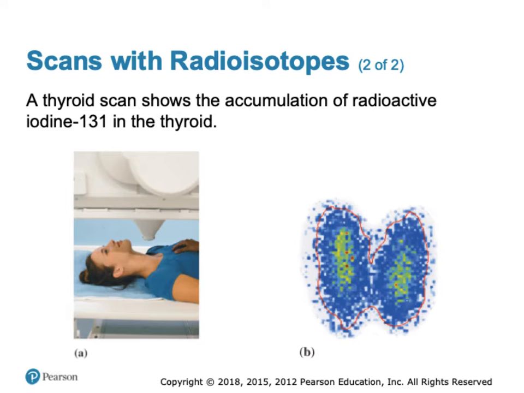So before, when we talked about iodine-131, this shows you the accumulation of that radioisotope in the thyroid. If you have an overactive thyroid, or hyperthyroidism, you have accumulation very rapidly. Whereas if you have hypothyroidism, which is an underactive thyroid, accumulation occurs much more slowly.